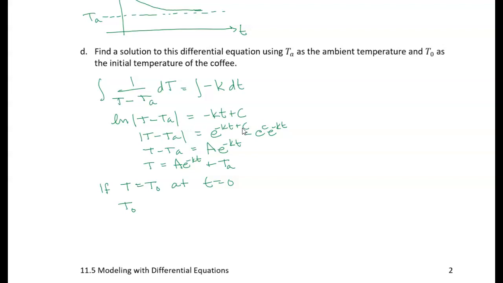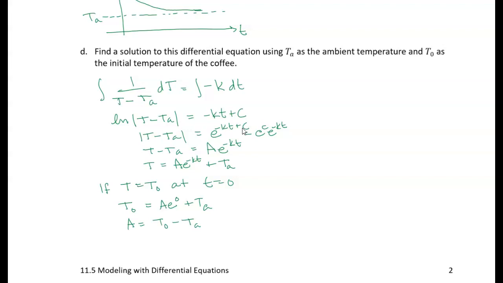So I get T0 is equal to A e to the 0 plus T sub A. Okay, and I want to solve for A, so I'm just going to subtract T sub A, and I'll get A is equal to T0 minus T sub A, which is basically the temperature difference between the initial temperature of the coffee and the ambient temperature.